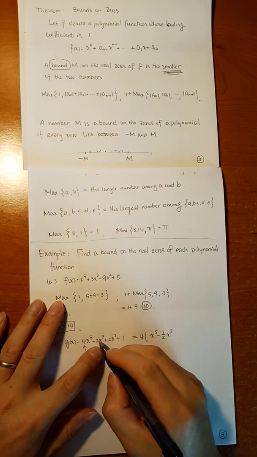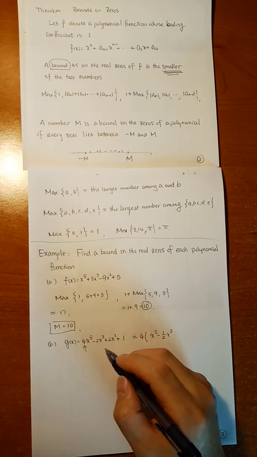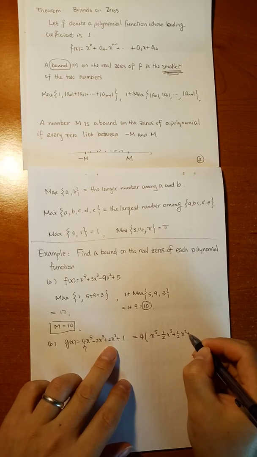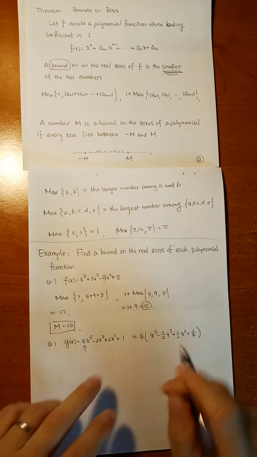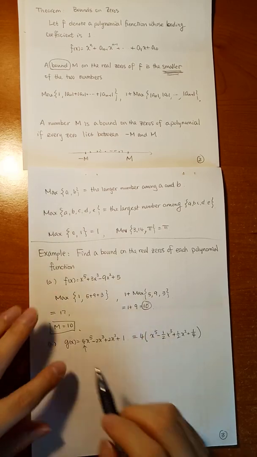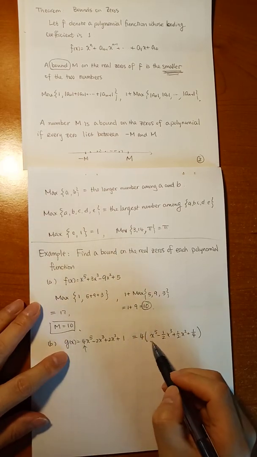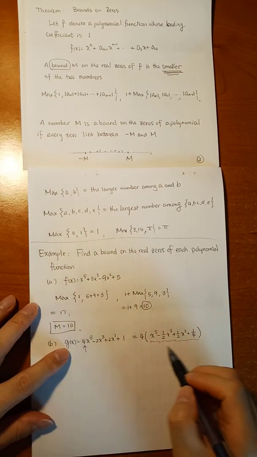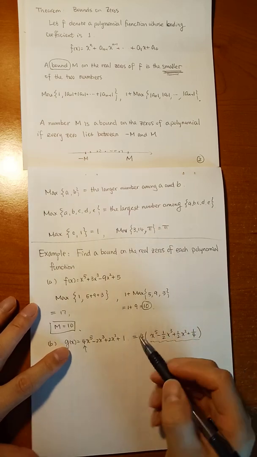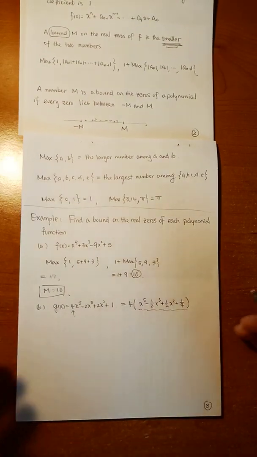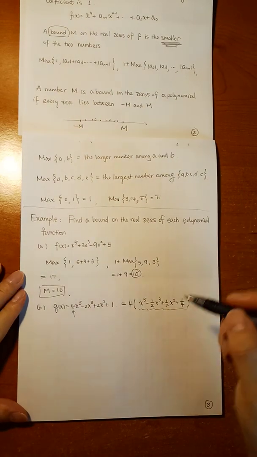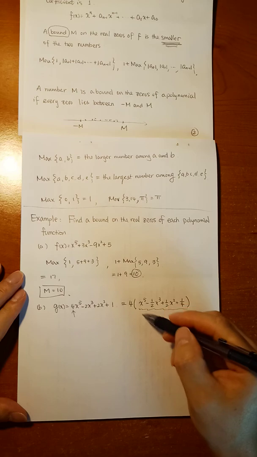When we factor it out, all other coefficients are divided by 4. Now you can see that the zeros of g are also the zeros of this new polynomial function because 4 does not contribute any zeros. So we are going to apply the theorem to this new polynomial.